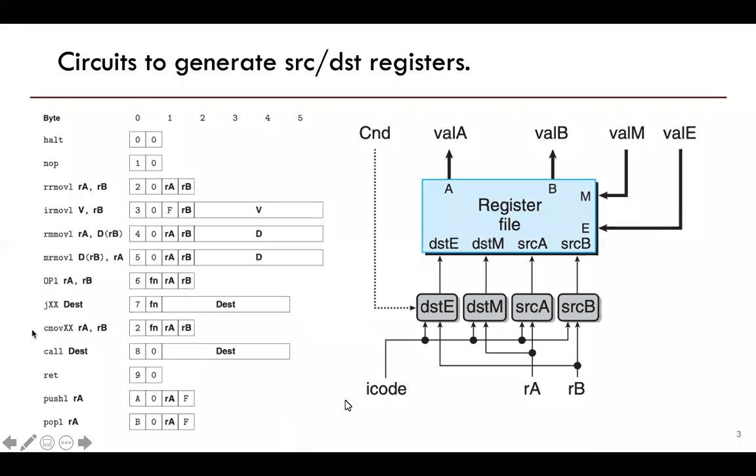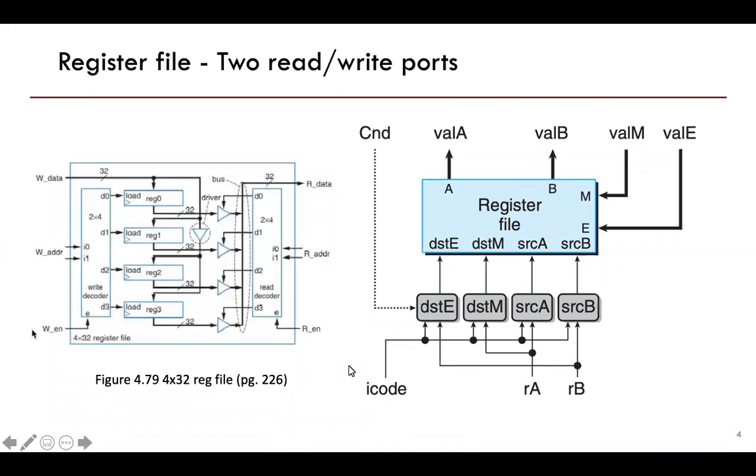Okay, let's move on to the next slide, and now let's talk about how to implement two read and write ports here. I put the circuit block diagram of a 4x32 register file from the Vahid book. You can refer to figure 4.79, on page 226.